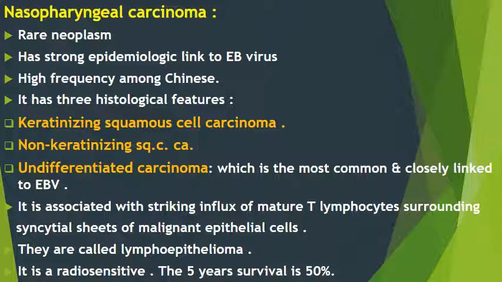The histological appearance of the tumor shows a striking influx of T lymphocytes surrounding sheets of malignant epithelial cells. Therefore, it has another name, which is lymphoepithelioma. This type of cancer is radiosensitive and the 5-year survival is 50%.